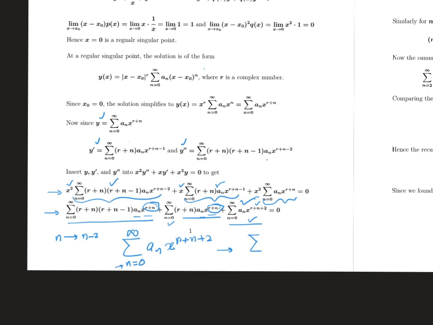So I have an n here, I put n minus 2 equals 0 to infinity. I have an n here, I put a sub n minus 2, x to the power r plus, I have an n here, I put n minus 2, then plus 2. So now if I simplify it, this is what happens.